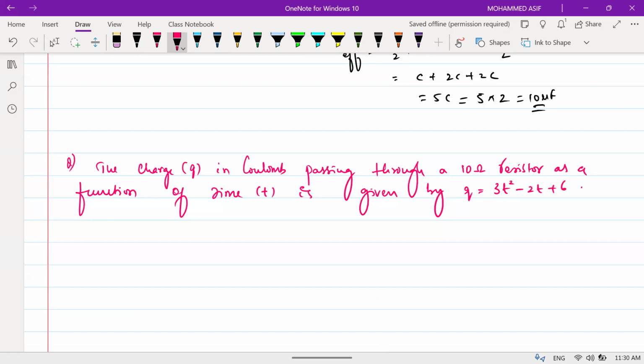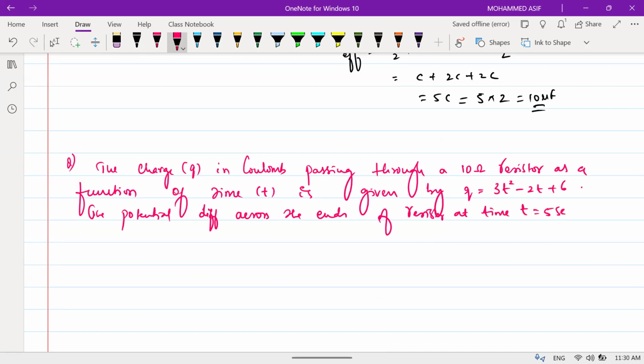The potential difference across the ends of the resistor at a time t equals 5 seconds is. Shall I try to do it? The options are 120 volt, 240 volt, 140 volt, and 280 volt.